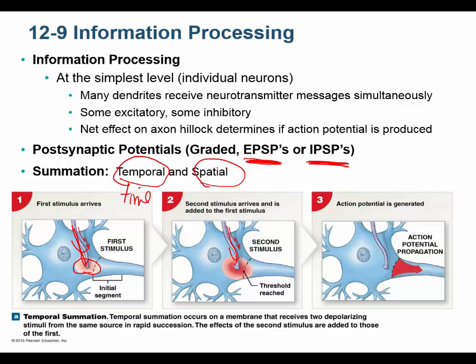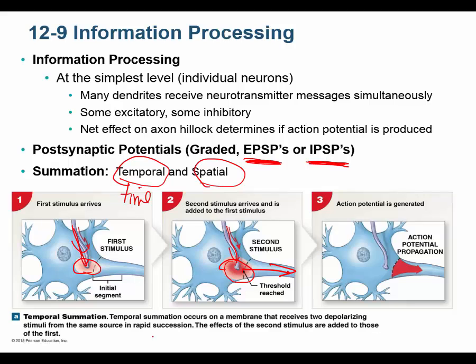Now, what happened is that depolarizes this patch of membrane, and it wouldn't have hit threshold except that the first decremental graded potential hadn't returned to resting membrane potential yet. It was still partially depolarized. So when the second stimulus came in and hit that same patch of membrane, it added to the first depolarized patch. That hit threshold, and bang, the signal goes.